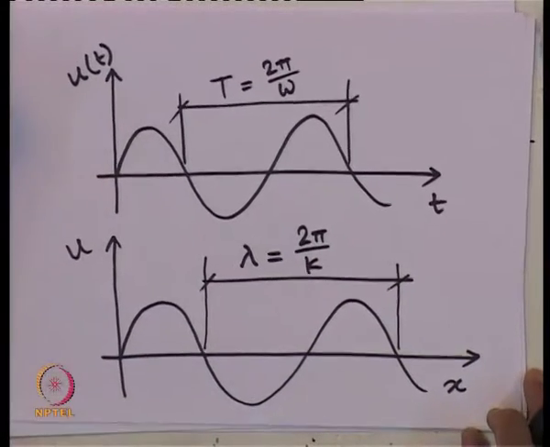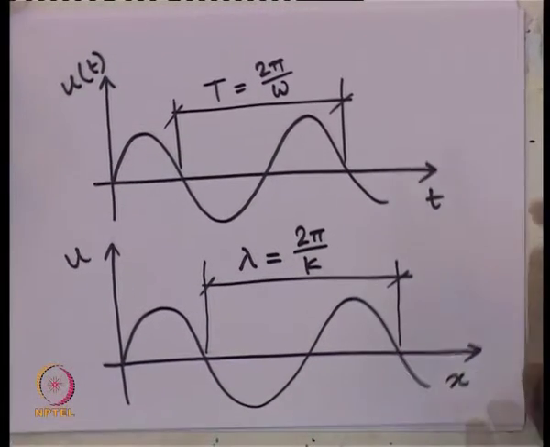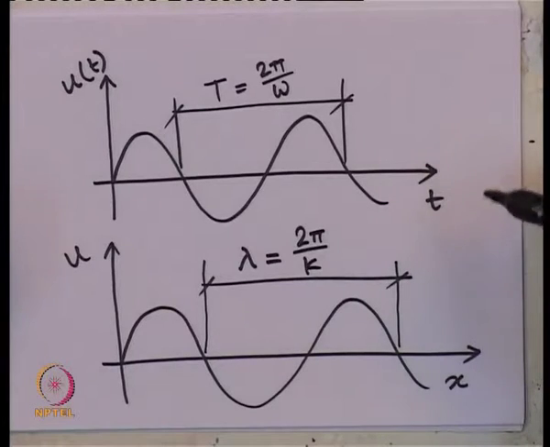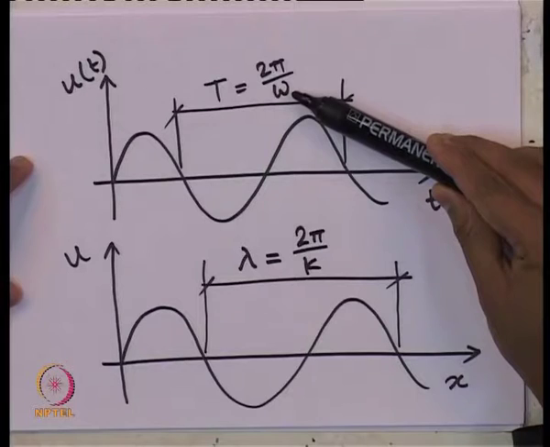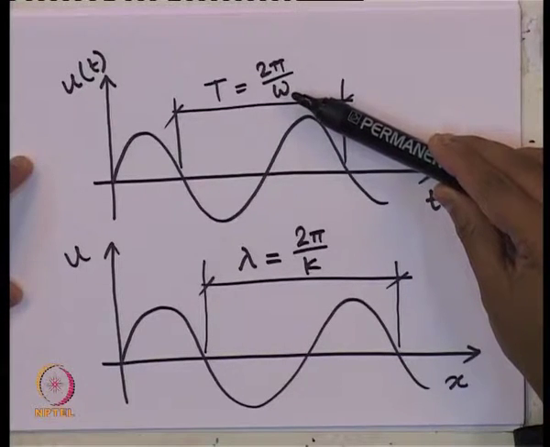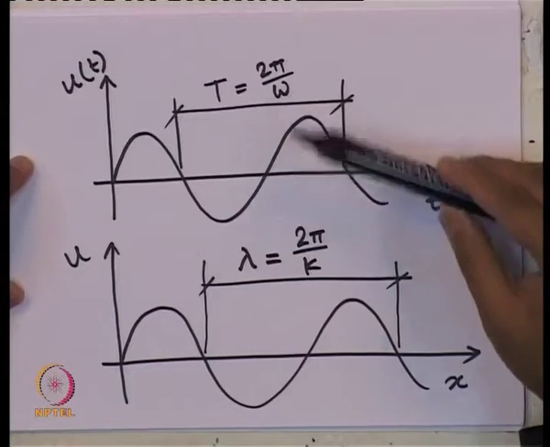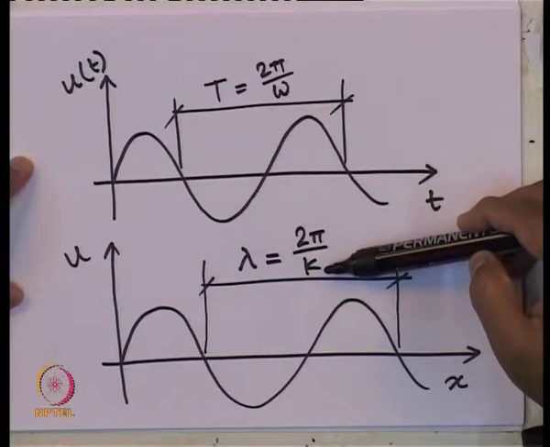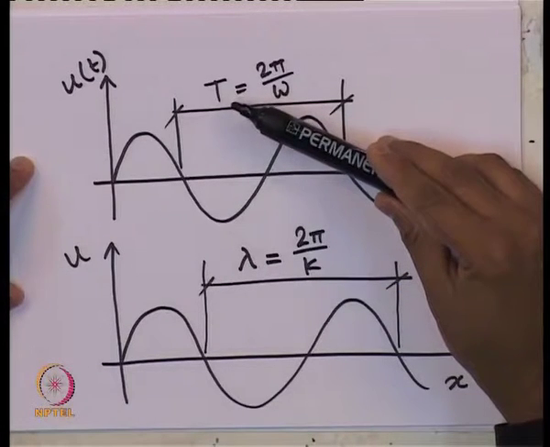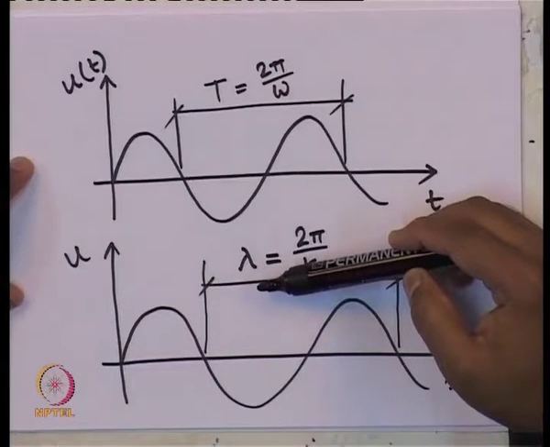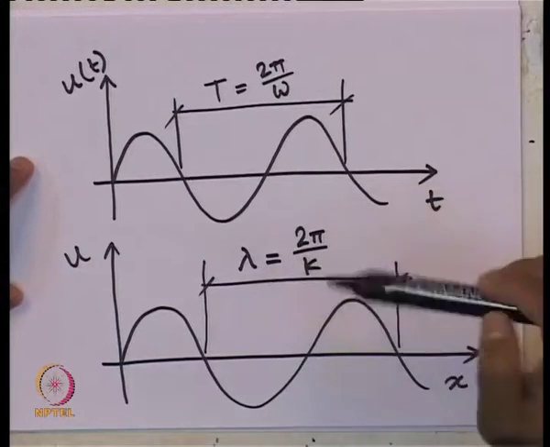From this simple figure, it will make you understand in a simple way that the circular natural frequency of any vibrating system is equivalent to the wave number of the system, and the natural period of the system is equivalent to the wavelength of the system.